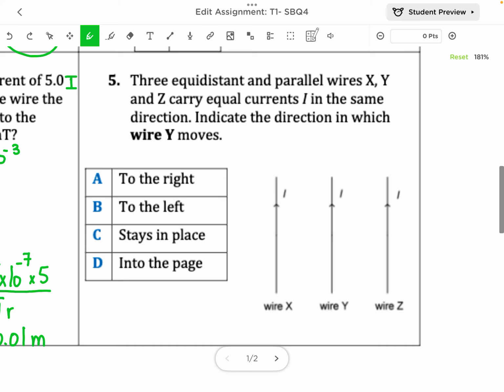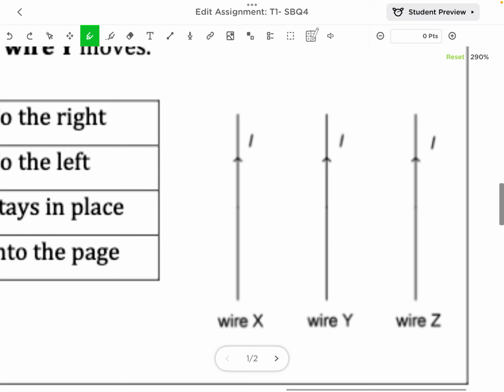Three equidistant and parallel wires X, Y, and Z carry equal currents I in the same direction. Indicate the direction in which wire Y moves. We agreed to discuss each two of them, right? So X and Y, what do they do?